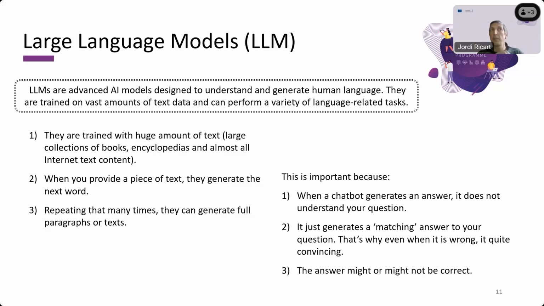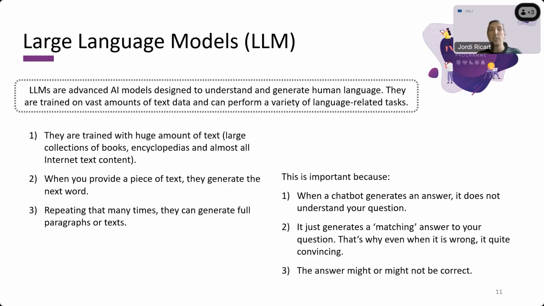It is generating word after word, which means the chatbot does not understand your question. It just finds the right answer to match the next word attached to the previous word. And that's why it's convincing, because it does a good prediction of what humans normally put after this word in the context we are talking about, right?